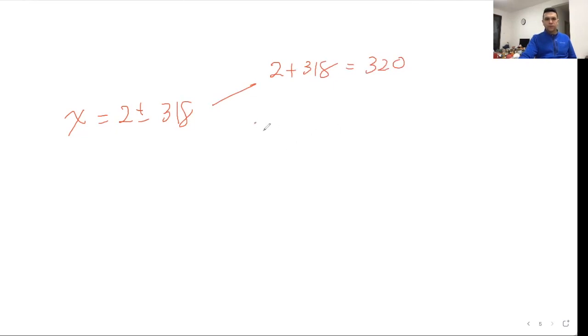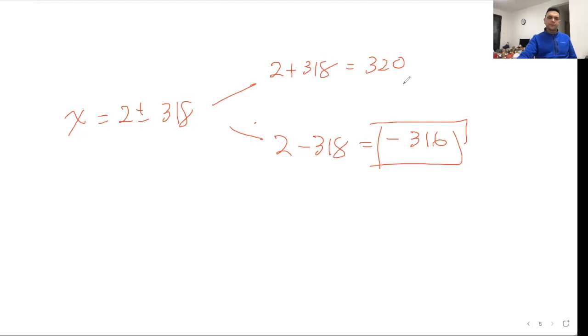And 2 minus 318 equals negative 316. This is a negative number. We cannot use a negative number in this case, because we're talking about the number of cameras, so we need positive numbers.